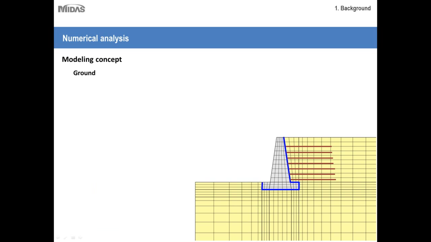Then let's see what are the main components in the modeling of a numerical analysis model. The first and foremost part is the ground itself. As you can see, the yellow colored mesh set is ground.